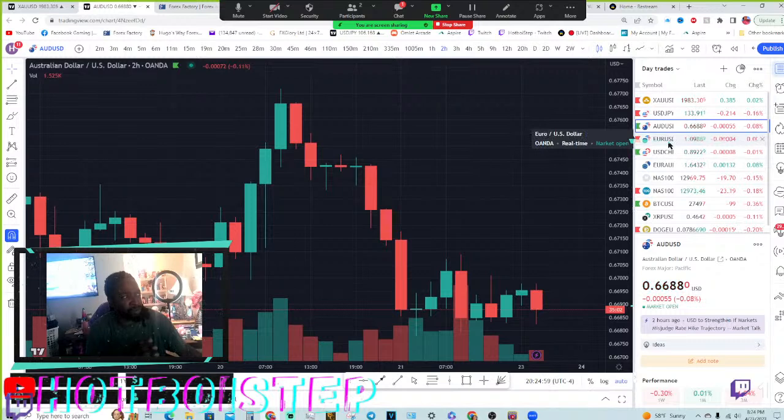Like the euro versus the US dollar is 1.09. That means it's about the same, but it's worth a little tiny bit more than $1. Okay, so these are just comparison ratios based on the prices of what they are compared to each other.